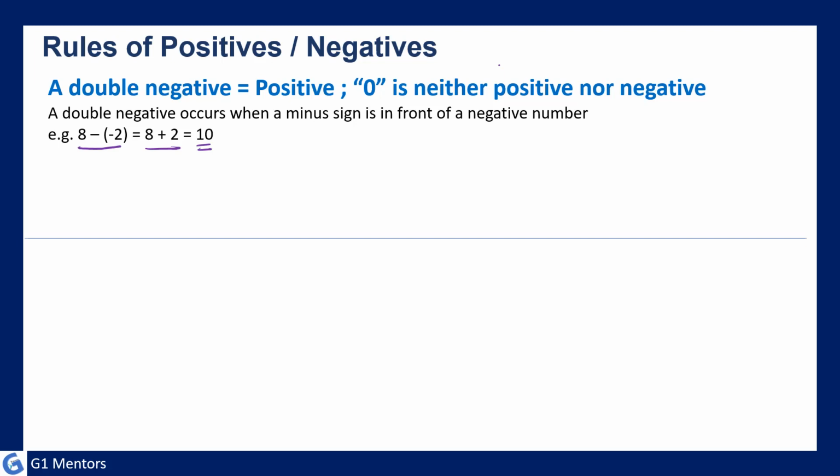Why is this important? It looks like a very simple thing, right? But this is how GMAT traps you. For example, in a question, it comes 5 minus 9 minus minus x. Some students in a hurry may write this as 5 minus 9 minus x, which is very, very wrong. The correct simplification is 5 minus 9 plus x, because minus and minus become plus.